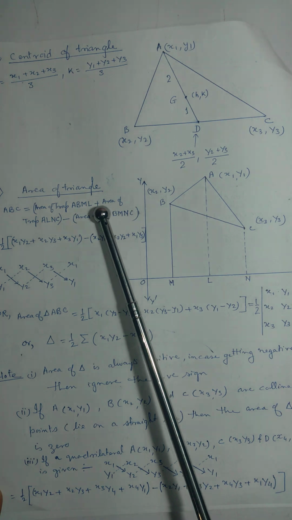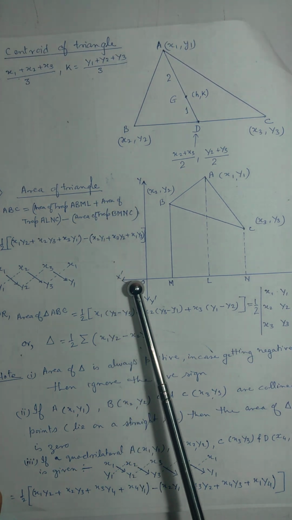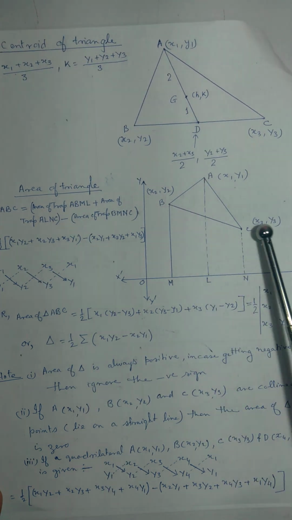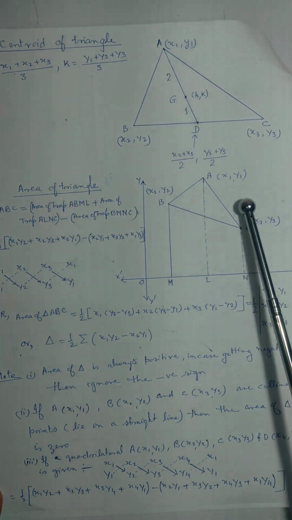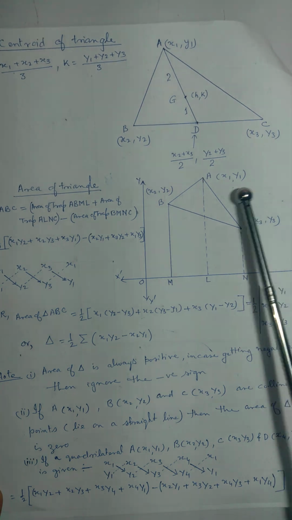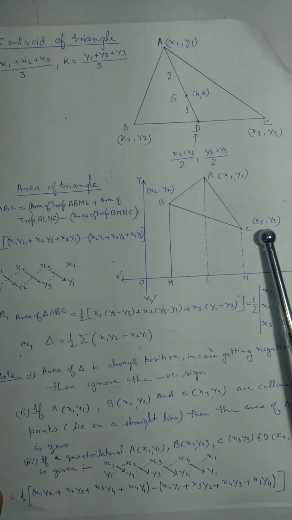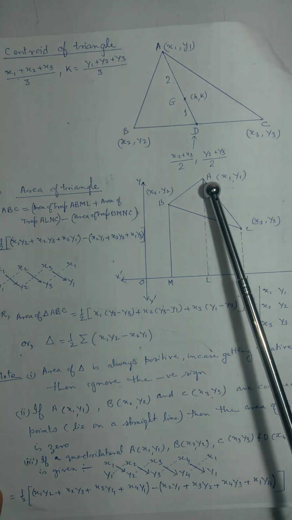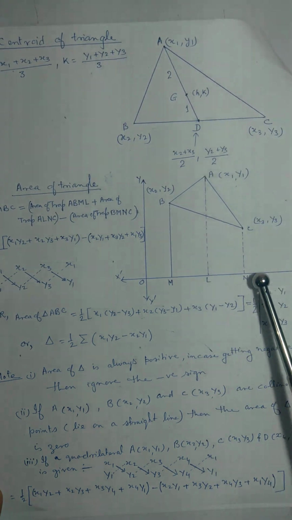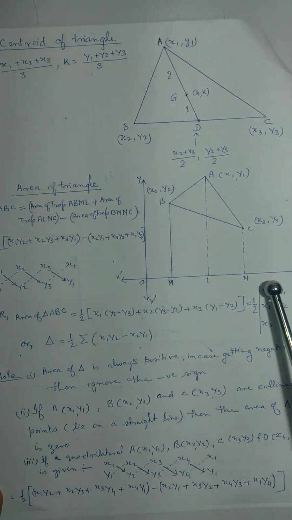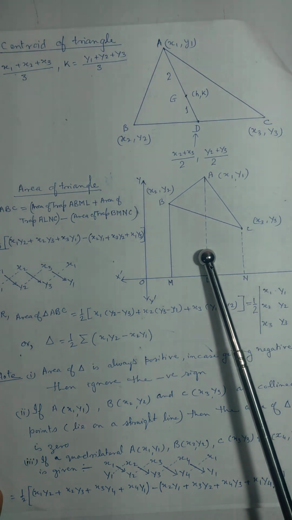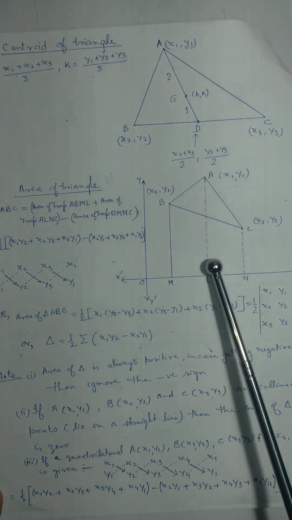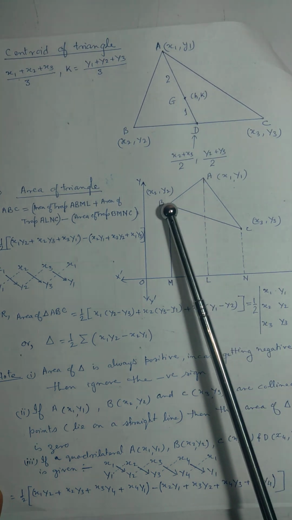Now, area of the triangle. You see, the area of triangle ABC. Its vertices are given, that is x1, y1, x2, y2, x3, y3. So I have dropped the perpendiculars BM, AL and CN to the x-axis. So there is a trapezium, BMLA. It is one trapezium.